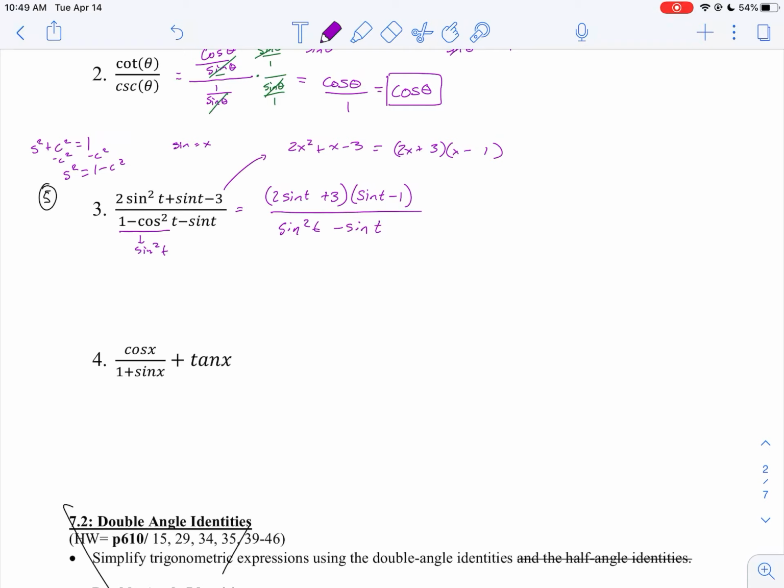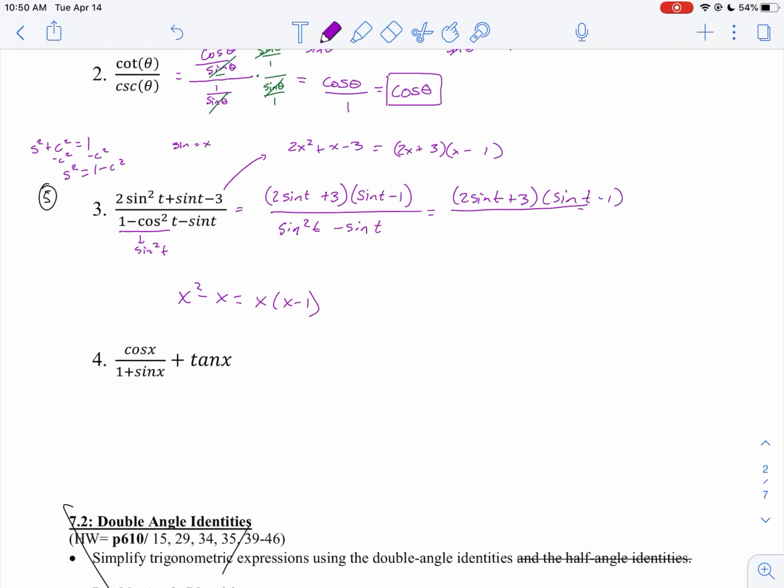Now, in the bottom, I get sine squared of t minus sine of t. Now, at first, that might not seem to be real helpful, but I'm going to notice that I have, using this, kind of another factoring thing going on here. If I think of this as x squared minus x, this denominator, I can factor it as x times x minus 1.